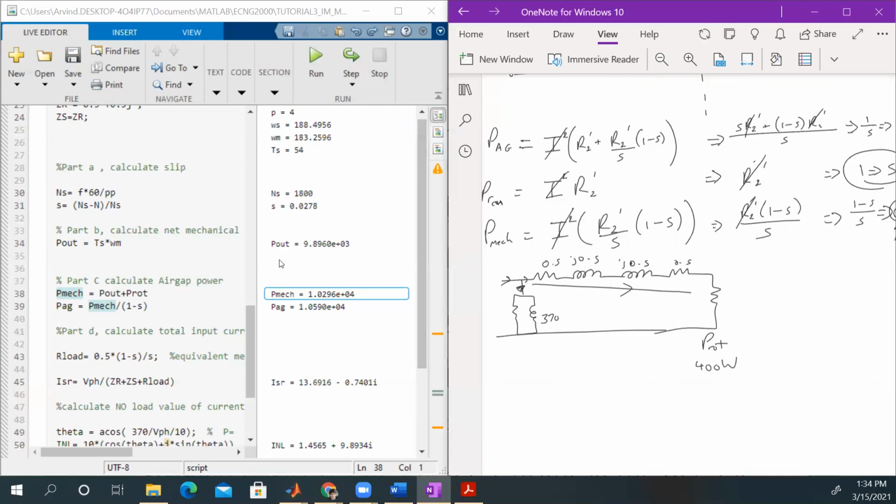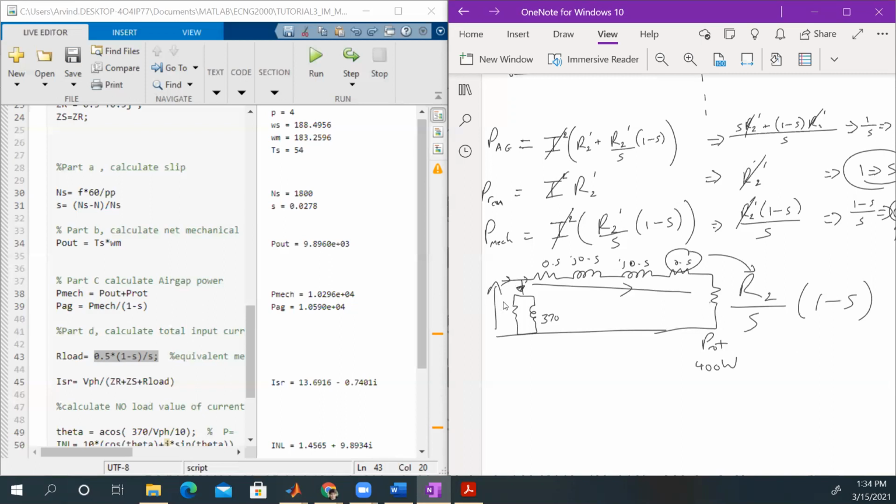So the current coming through this branch, we have the voltage, and we have all the resistances here, right? So we know that the resistance here is 0.5. We know the slip, so we could calculate the load resistance, because we know this is R2 on S by 1 minus S. And we know this is R2, so we just plug it in. We have the slip, and we can come out with the resistance value here.